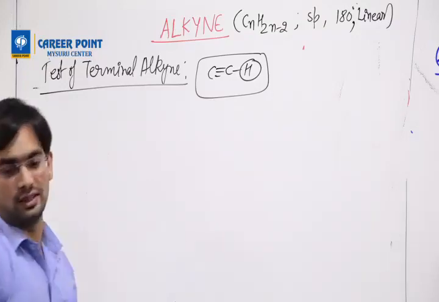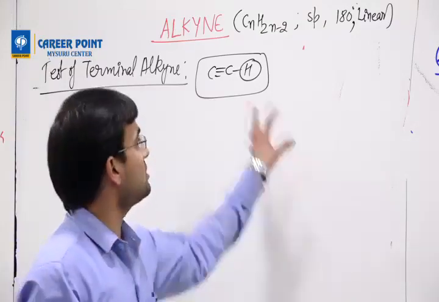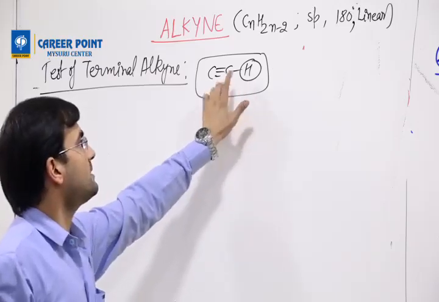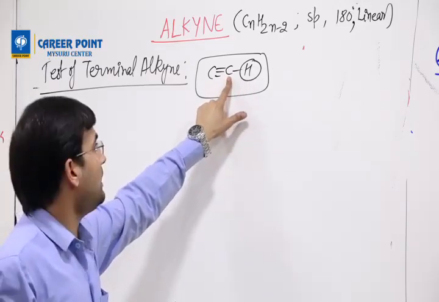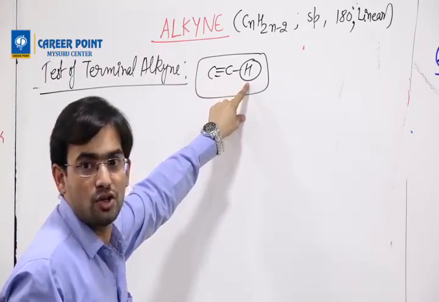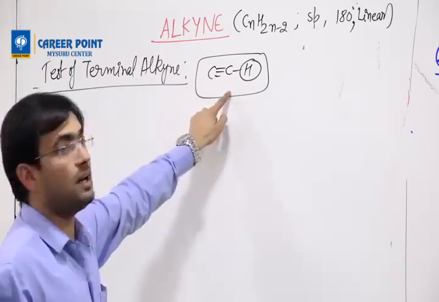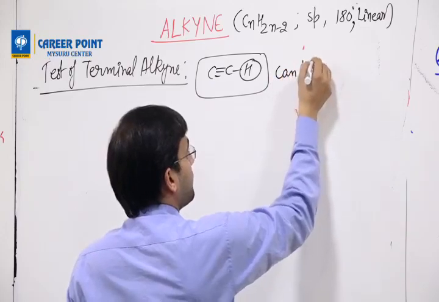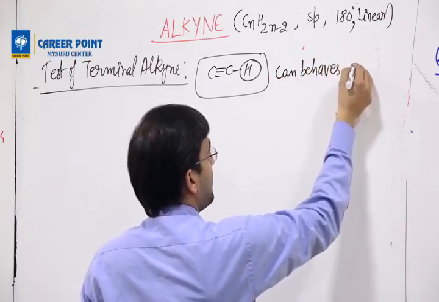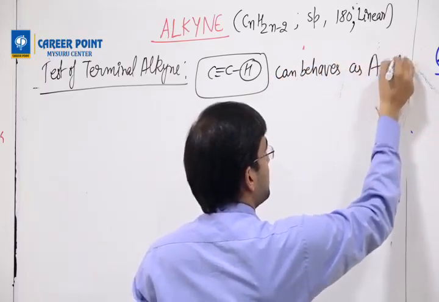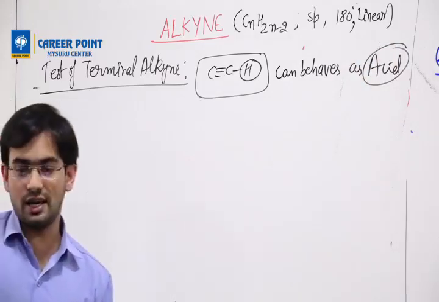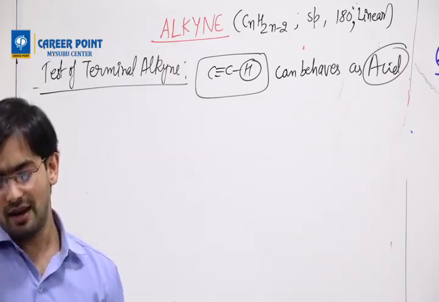I want to test these because in these cases there is an alkyne and this is a hydrogen. Whenever you have a terminal alkyne, those alkynes can behave as acid. Because they can behave as acid, that's why they are important.